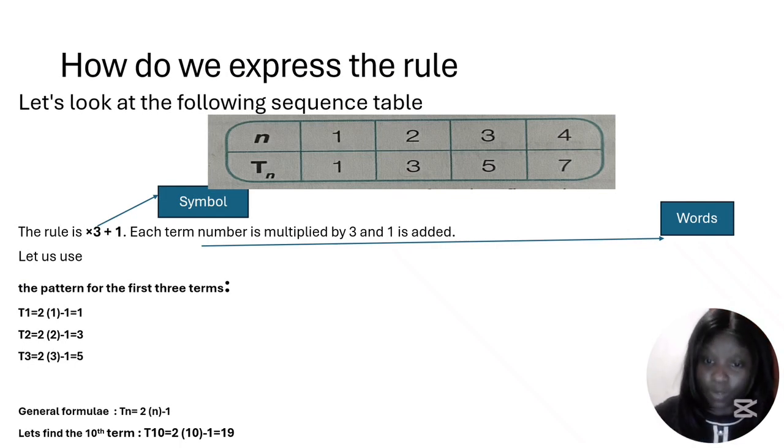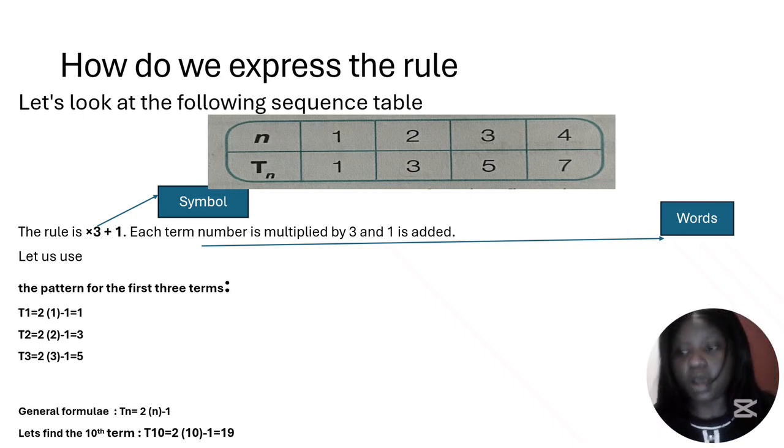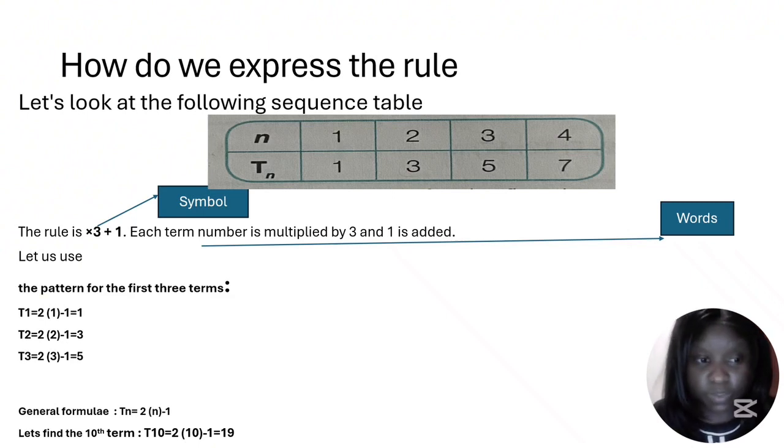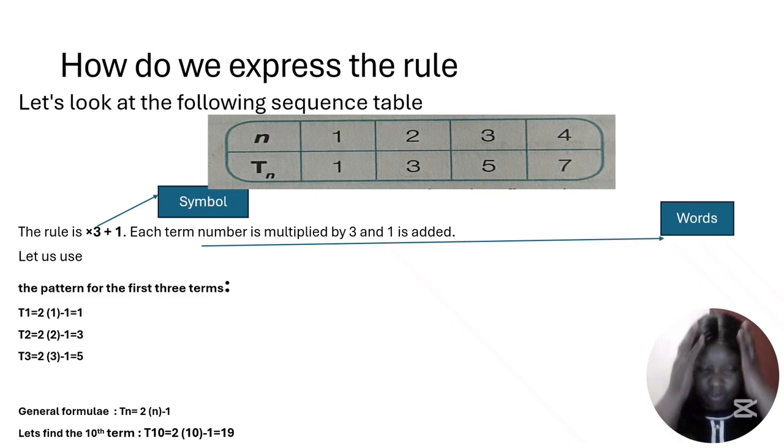Term 1: 2 times 1 equals 2, minus 1 gives us 1. Term 2: 2 times 2 is 4, minus 1 gives us 3. Term 3: 2 times 3 is 6, minus 1 gives us 5. So the general formula is 2 times the term number, minus 1.